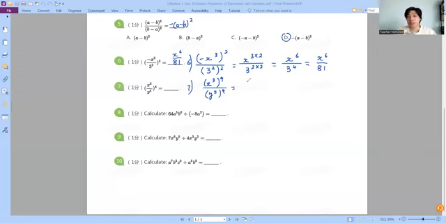Again, we just multiply like we did in the previous question. So it's x to the power of 3 times 4 over y to the power of 5 times 4. And 3 times 4 is going to give us 12.